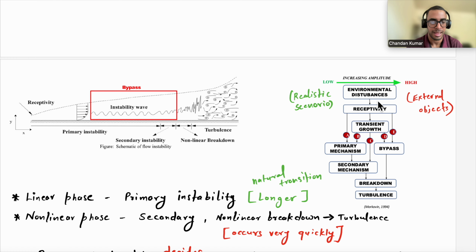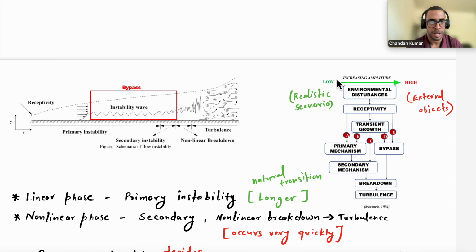Now here on the right hand side we have a flow chart that is basically showing the different paths the flow can take depending on the amplitude of free stream disturbances.